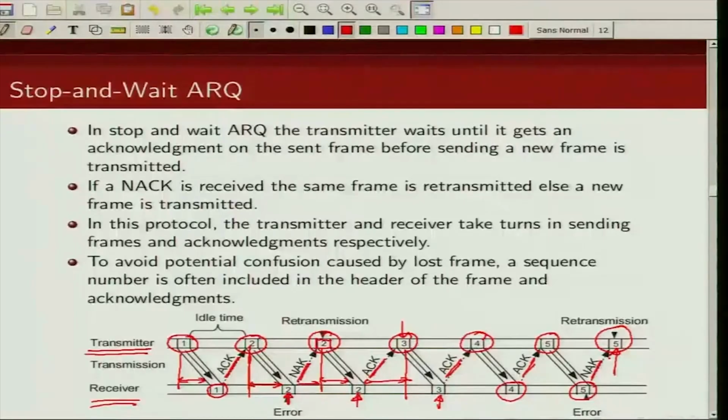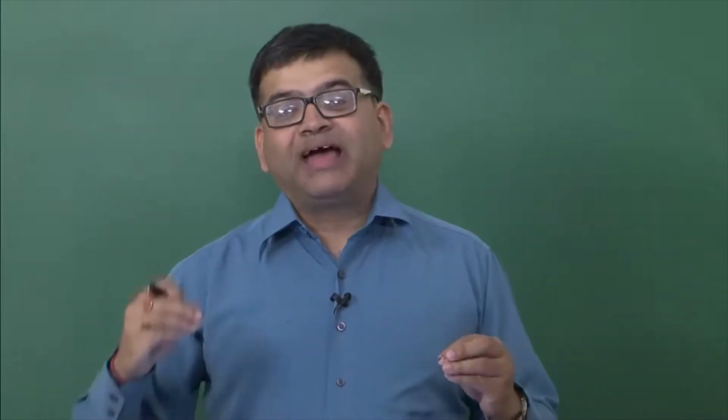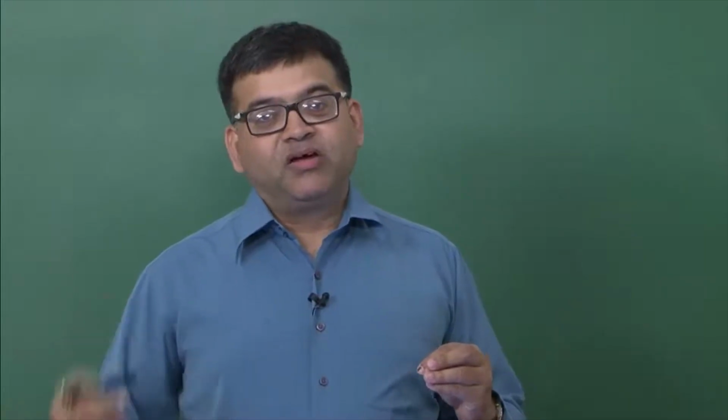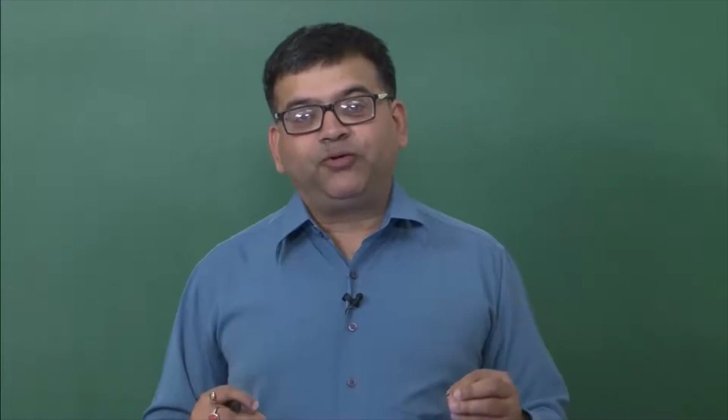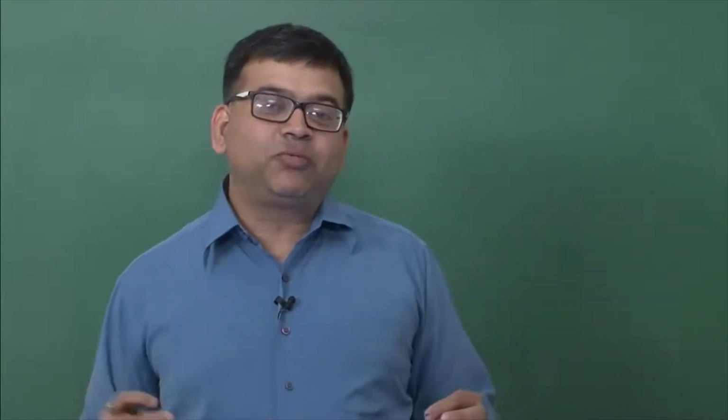So you can see there is an idle time involved here for the transmitter. It sends a packet and waits for this round trip delay until it gets back an acknowledgement or negative acknowledgement from the receiver. Clearly, from the point of view of efficiency, this doesn't seem to be a very good scheme.